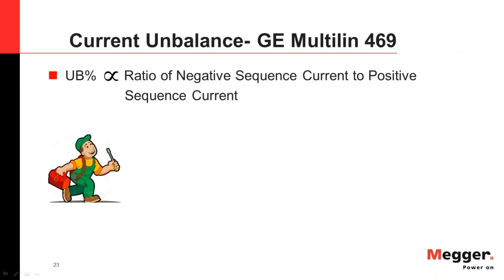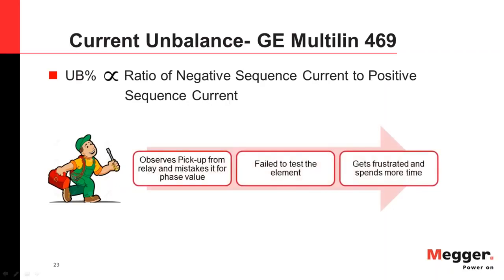So he went out in the field, grabbed the relay, and started testing, but he's uninformed about sequence component theory. So what he does is he just applies phase currents and mistakes them for the sequence components. He observes a pickup, but it was not exactly the pickup of the element, so it was a fail of the element.